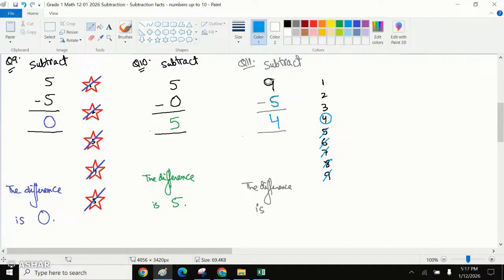That means 9 minus 5 will be 4, right? And we can also say that the difference of these two numbers is 4, right? So today what we are using is the word difference. The difference will tell us the larger number minus the smaller number, and whatever is left is known as the difference. Okay?